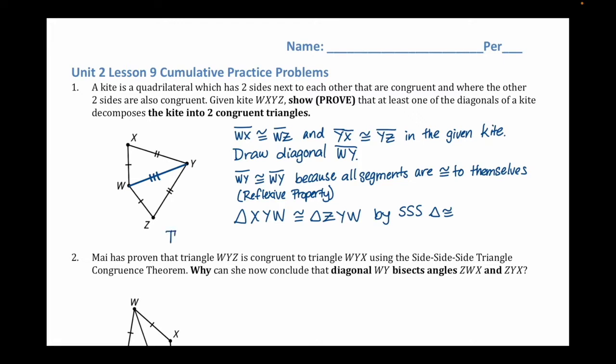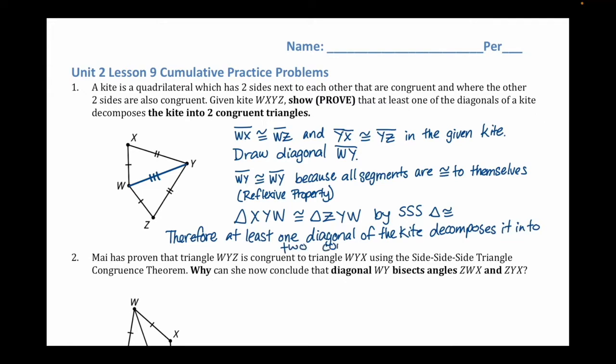So therefore, at least one diagonal of the kite decomposes it into two congruent triangles.